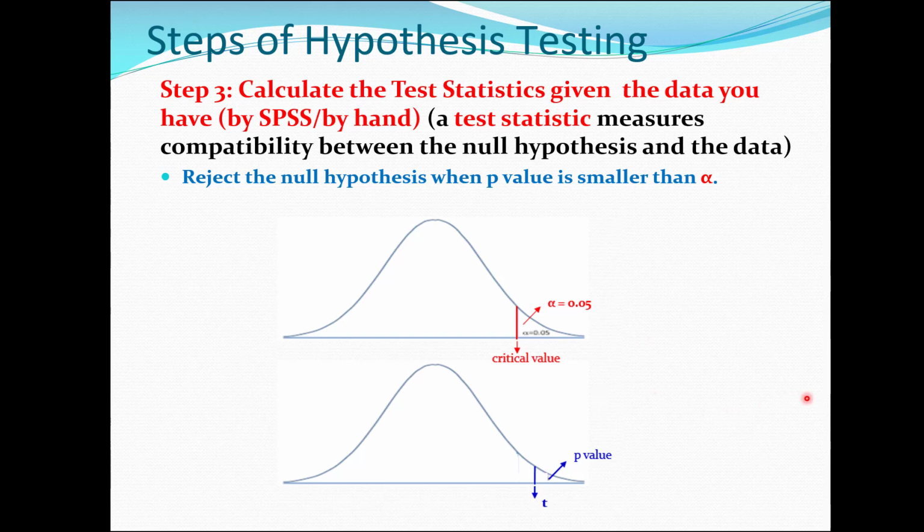Now let's look at these two graphs again. As shown in these two graphs, you can see my p-value here, represented by this area, is smaller than this area, right? Because this is my alpha. So p-value represented by this area is smaller than alpha, which is represented by this area. As we mentioned before, our p-value always has a corresponding t-test statistic, and our alpha has a corresponding critical value.